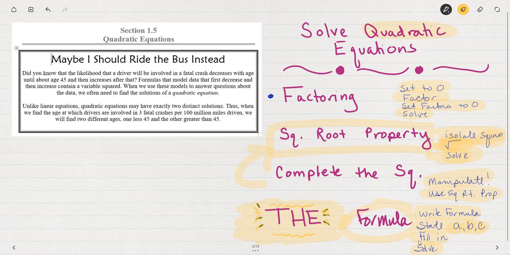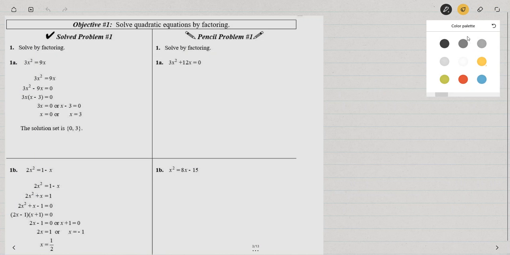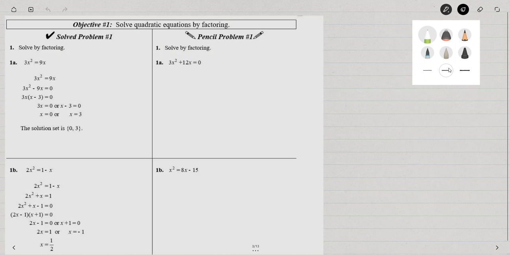For now, you might just jot down those steps. When we get to more detail of using the formula, then you could walk through those steps. But for now, maybe just jot those steps down. Are you ready to jump in and try some of this?